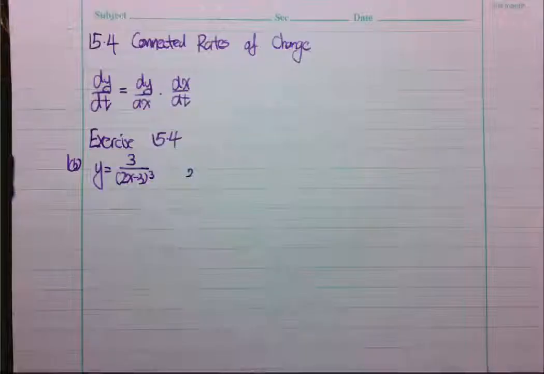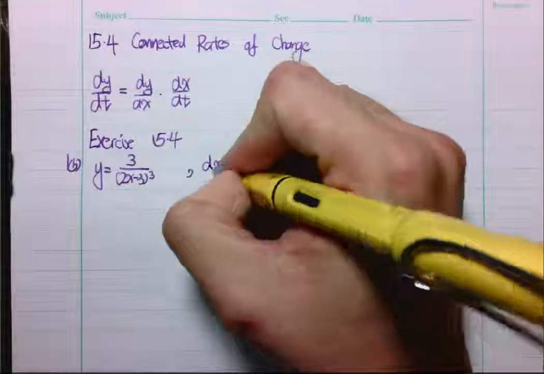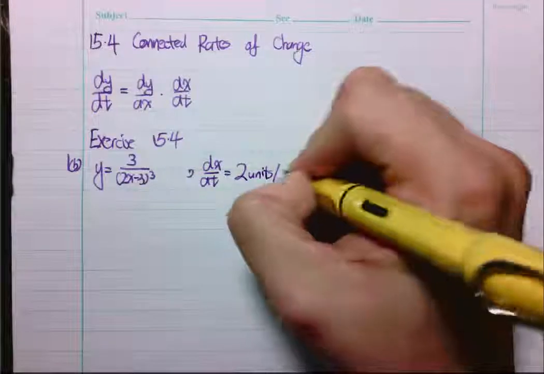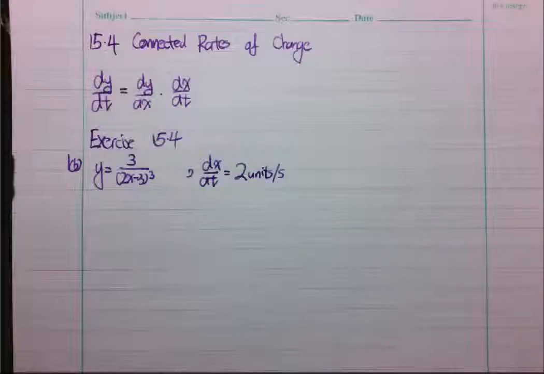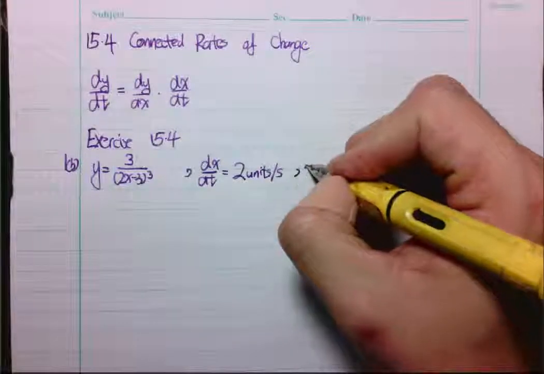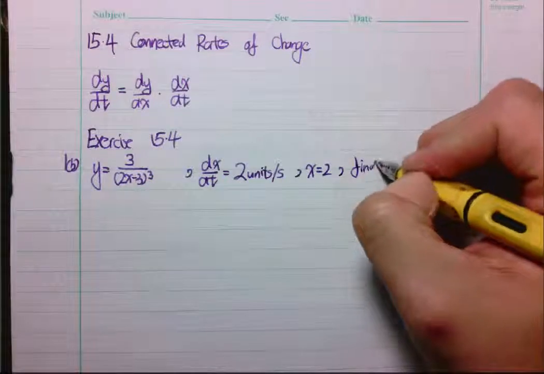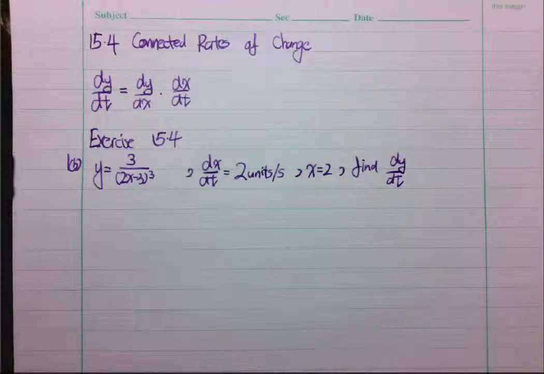The rate of change of x is 2 units per second, and we want to find dy/dt at x equals 2.